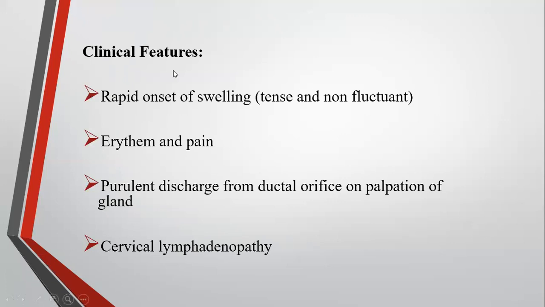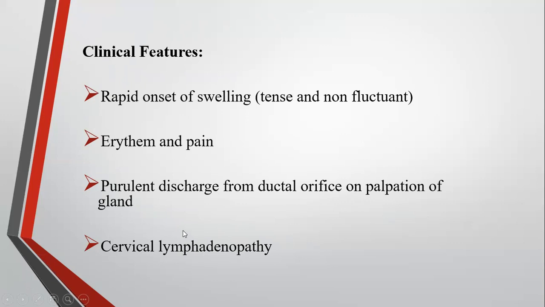Now coming to the clinical features, as you know, there is rapid onset of swelling. It is tense and non-fluctuant. You might see erythema, a lot of redness, and the patient will complain of pain as well. There will be purulent discharge from the ductal orifice on palpation of the gland.